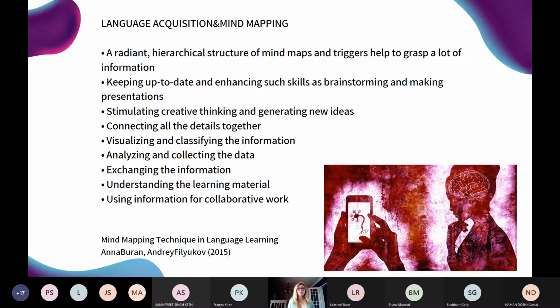And it doesn't matter if you're using digital mind map software, or if you're just drawing a handmade mind map. It's okay. Both are okay, whichever you prefer. It's up to you. And it also helps you understand the learning material, and it also allows people to work collaboratively.